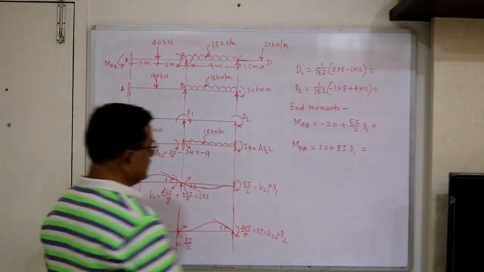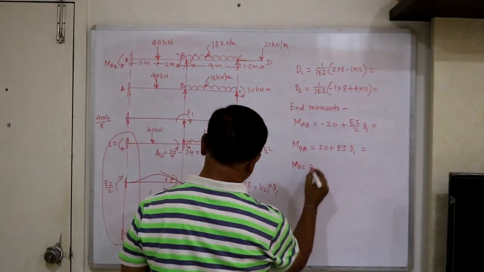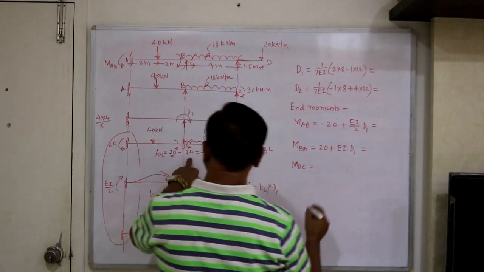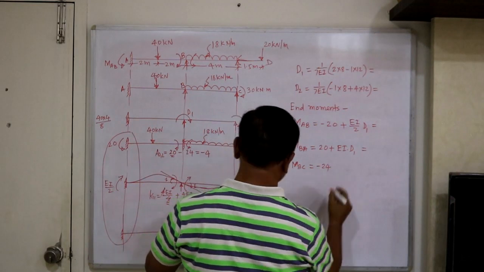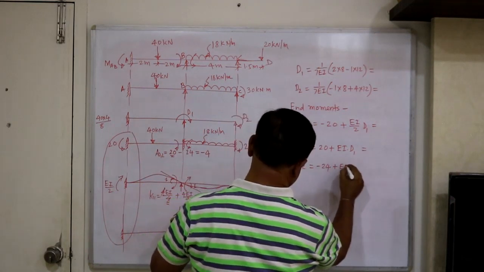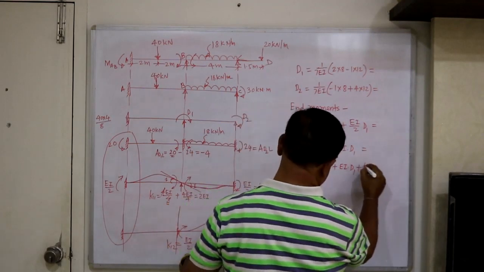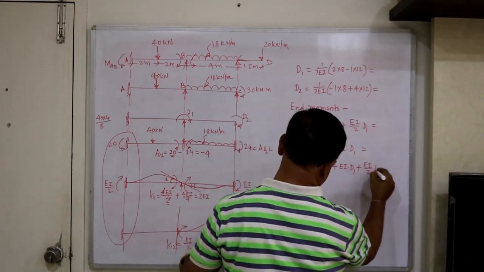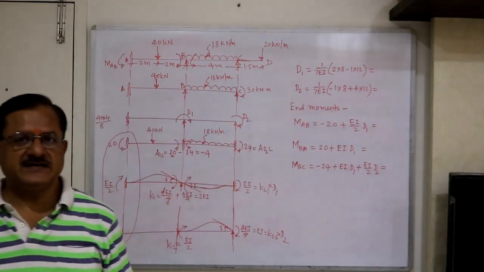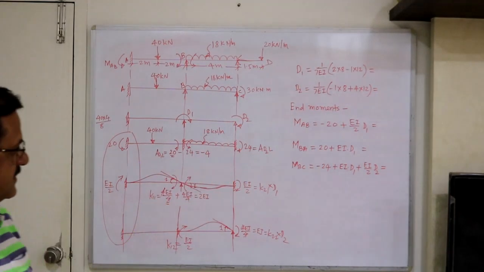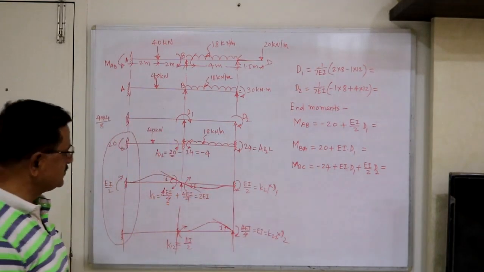Then MBC is equal to minus 24 plus EI D1 and plus EI by 2 D2. And remember MBA and MBC must be equal and opposite. If this is positive, this must be negative.